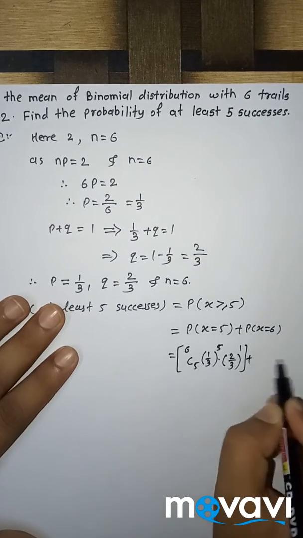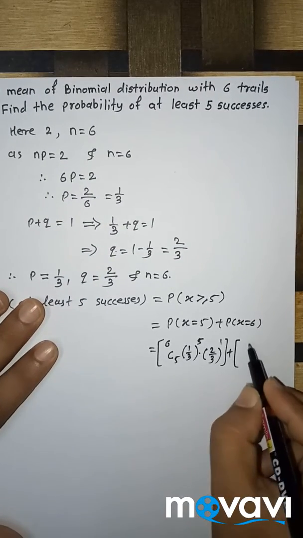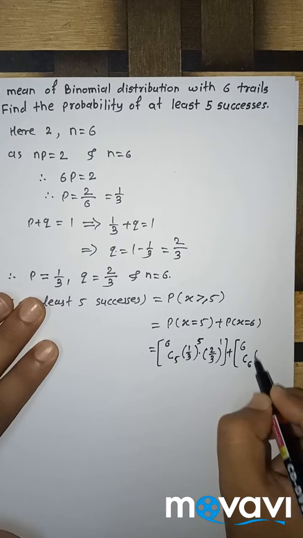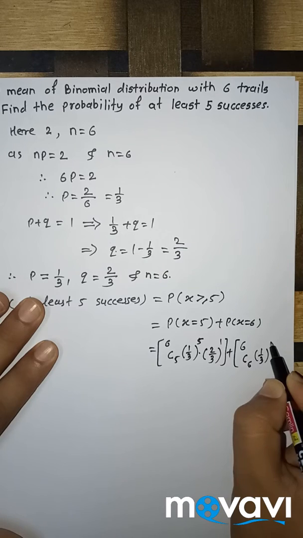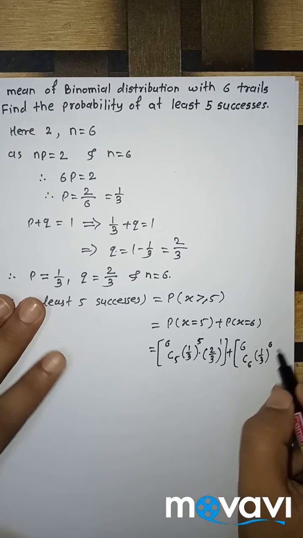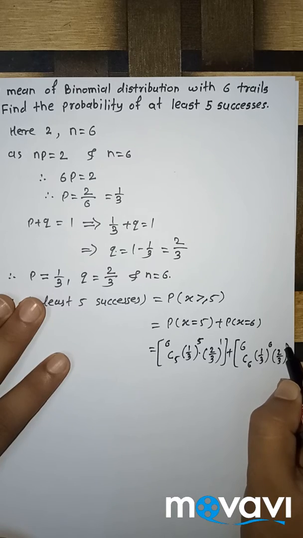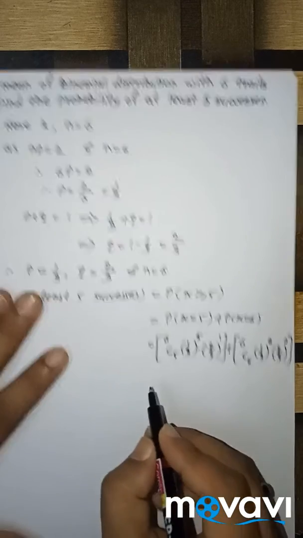plus 6C6, p means 1 upon 3 raised to 6, q means 2 upon 3 raised to 6 minus 6, which is 0.